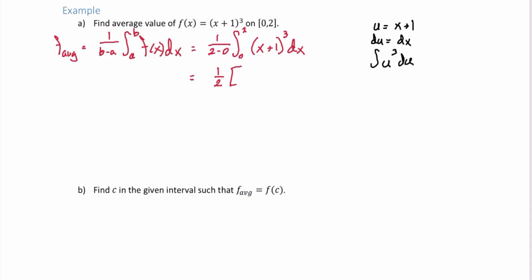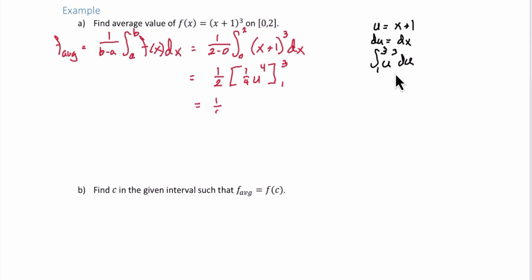And the new limits of integration, when we plug in 0 to u, we get 1. And when we plug in 2, we get 3. So now if we integrate this function, we get 1/4 u to the 4th, and we are evaluating from 1 to 3.